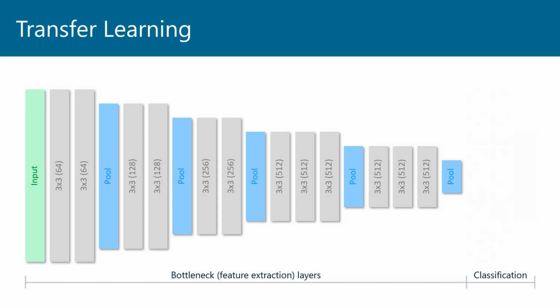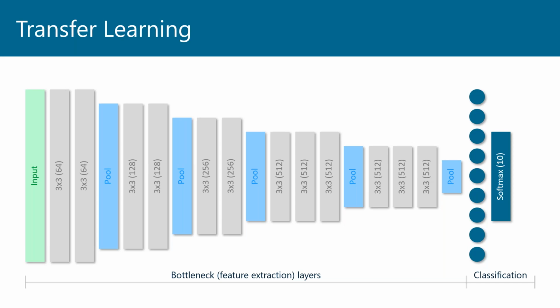Instead, we train our own classification layer at the end so that the network can recognize objects we want it to recognize in addition to the ones that it was originally trained to recognize.